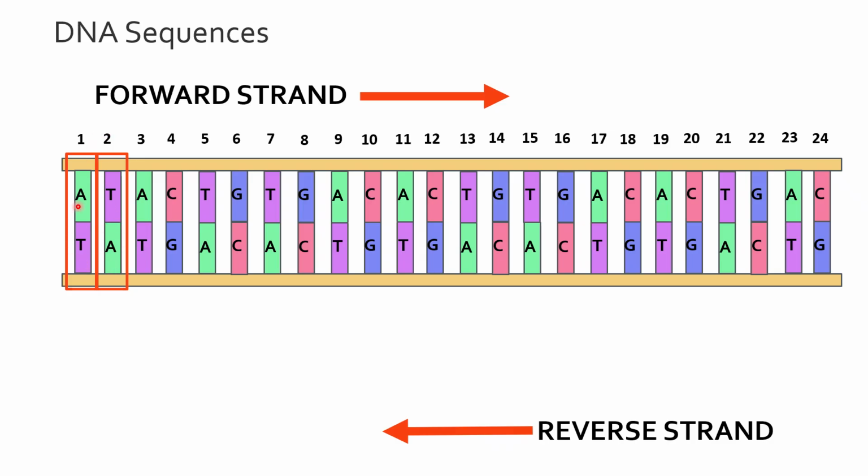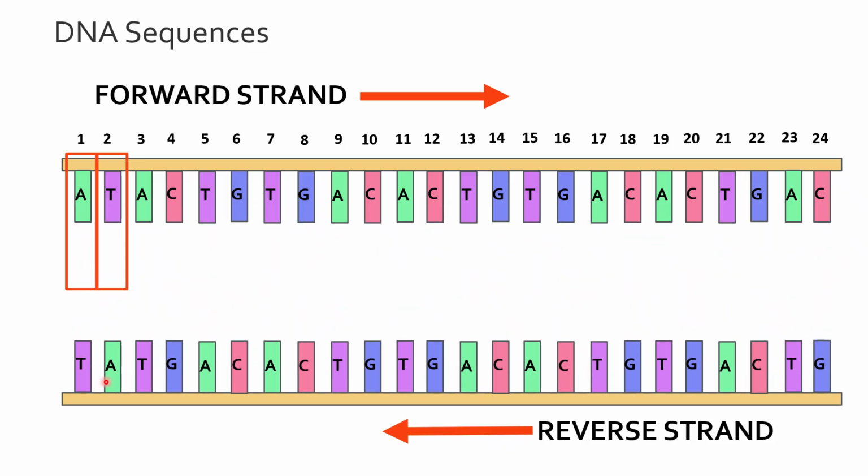Now, because we know that A is always going to combine with T, we can actually just separate this, and just for simplicity's sake, say that at position 1 we have an A. All scientists in the industry refer to the value, whether it's an A, C, T, or G at this location, based on what the nucleotide is on the forward strand. So at position 1, you could say that it has a value of A, and at position 2, it has a value of T. So even though they are both AT pairs, they're reported differently because we're only focusing on the forward strand.